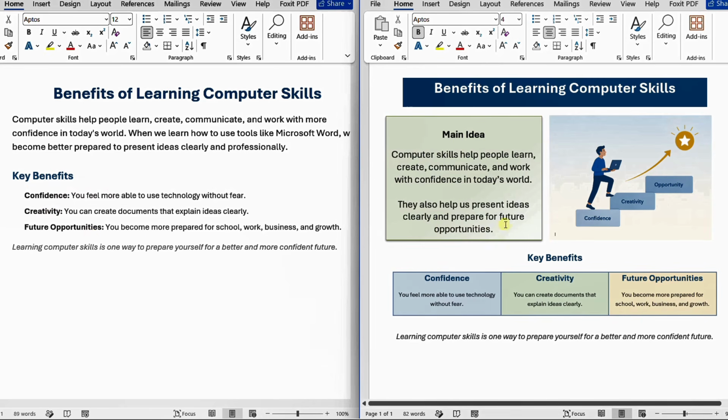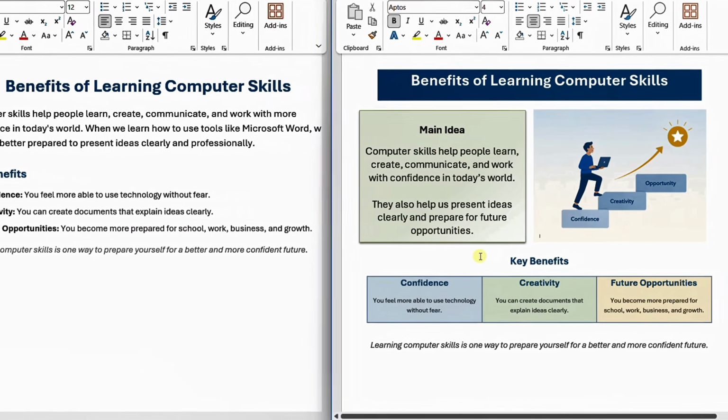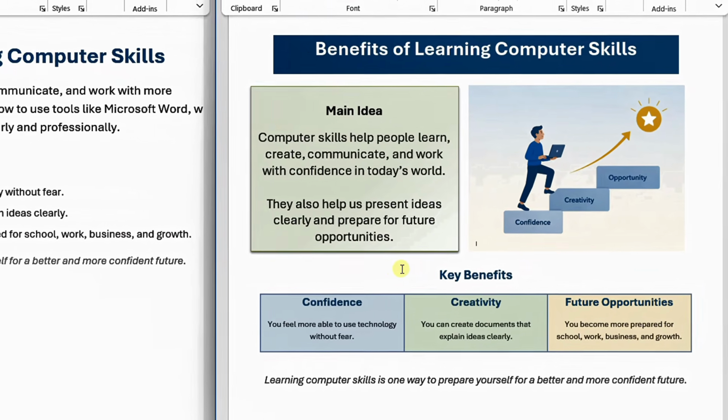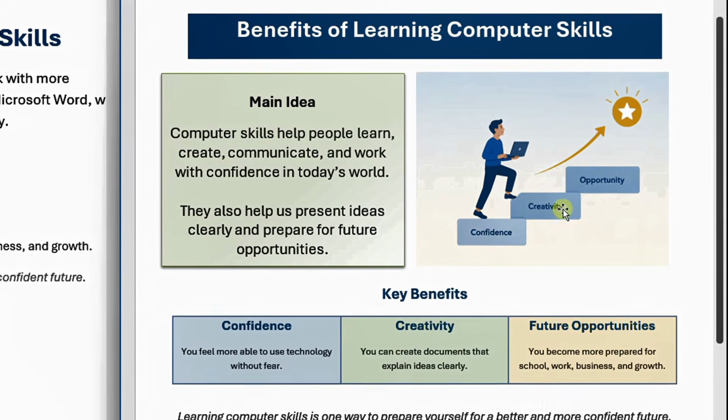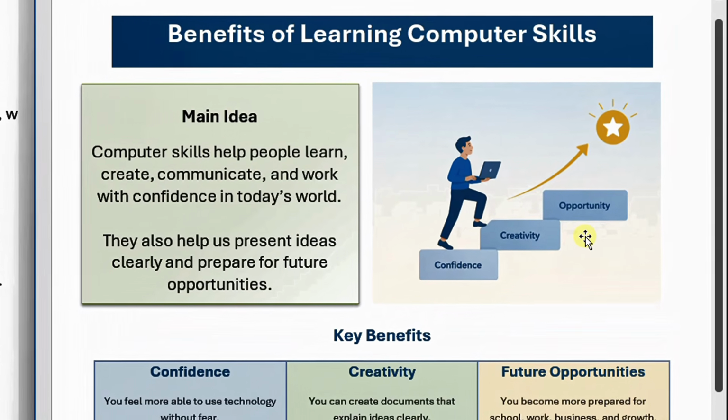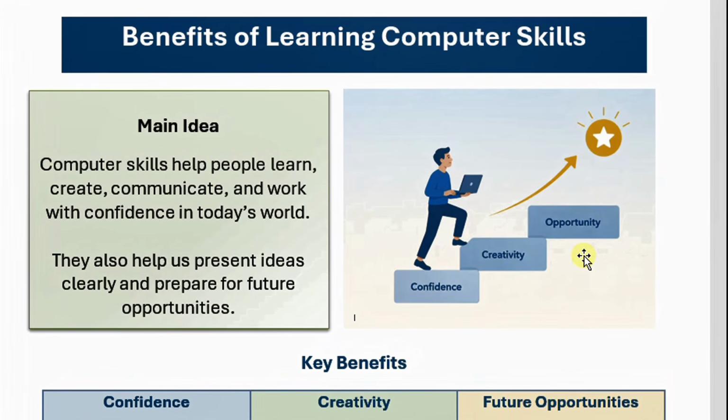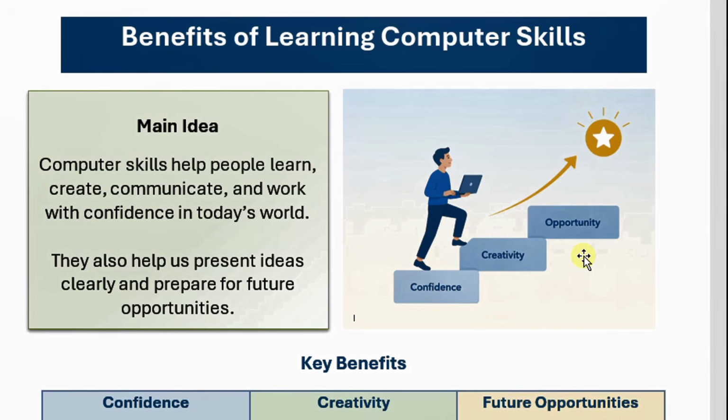But this document on the right does something more. It does not only tell the message, it helps you see the message. Look at this picture. The person is moving upward. These steps show progress. Even before reading every word, your eyes already understand the direction of the message. That is the power of visuals.